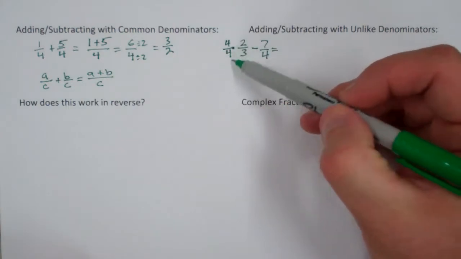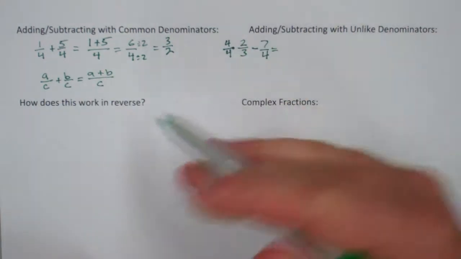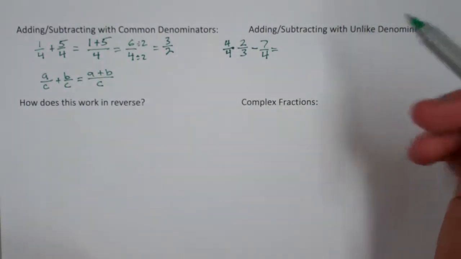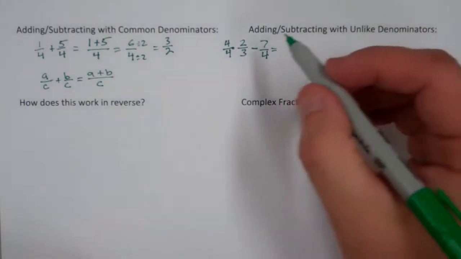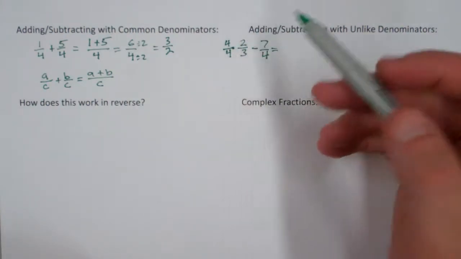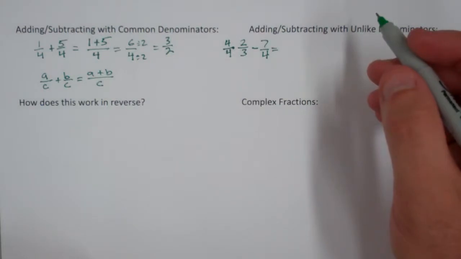So for instance, I'm multiplying this left fraction by 4 over 4, which is 1. You can multiply any number by 1, and you'll have the same value. You cannot multiply a fraction by something other than 1 and get the same value. It just doesn't work like that.